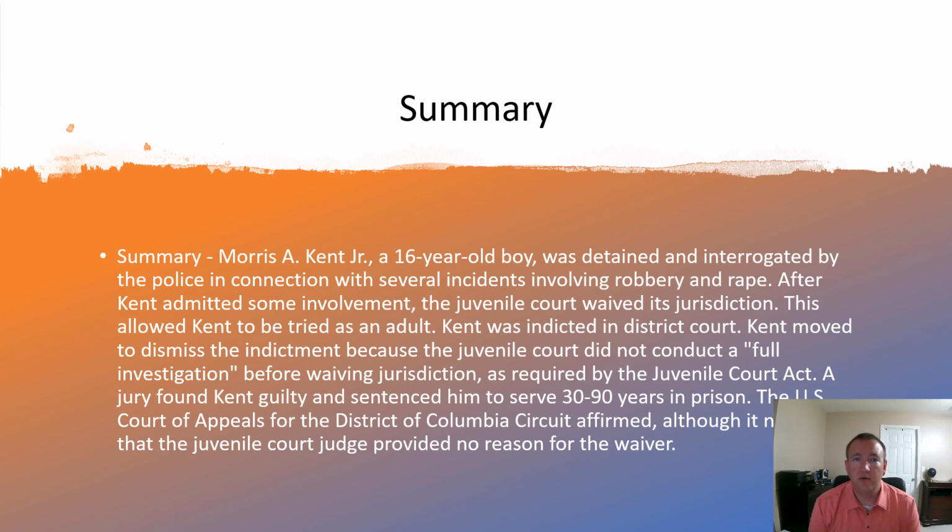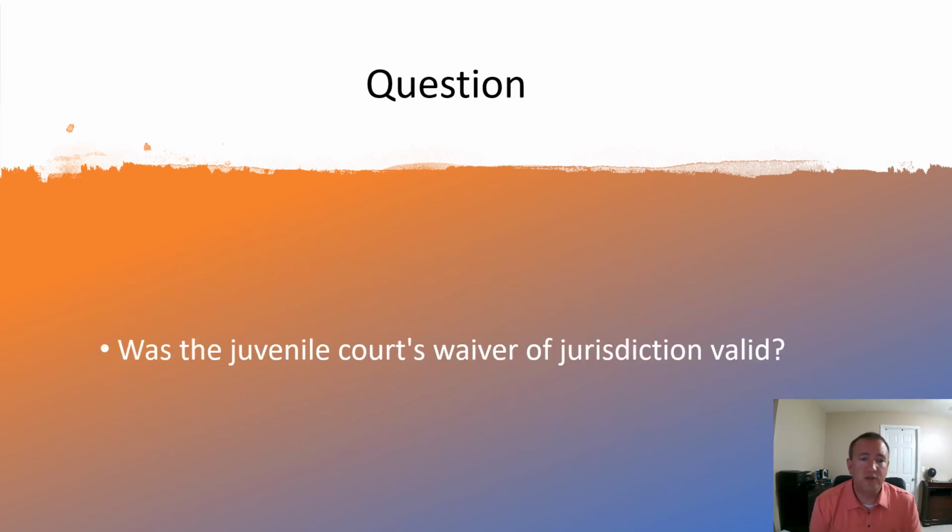The court of appeals in D.C. affirmed that decision, even though they noted that the juvenile court judge did not provide any kind of reason for the waiver. So this comes into question: was the juvenile court's waiver of jurisdiction valid?